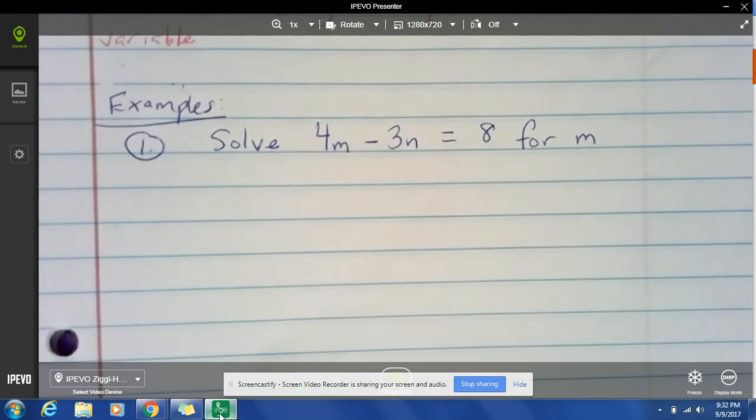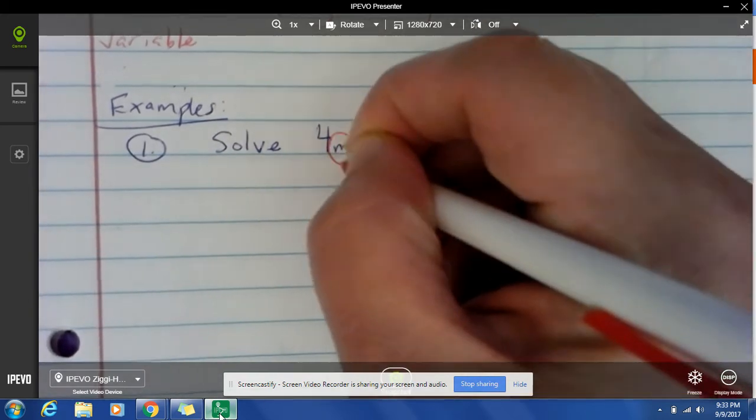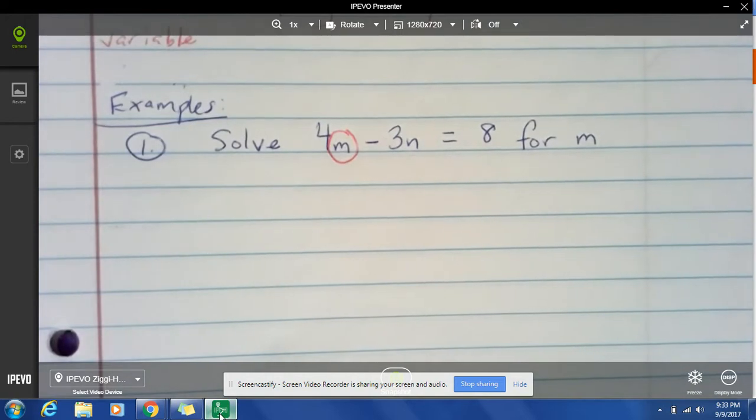So let's go through the steps. Basically, it's the same as solving an equation with one variable, just with some slight differences. The first thing that makes it easier is if we just circle the variable that we're solving for, so we keep in mind that that is the one we are trying to get by itself. Normally, the first step is to see if there's any simplifying that we need to do.